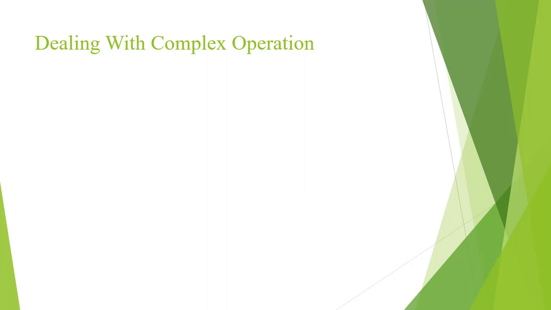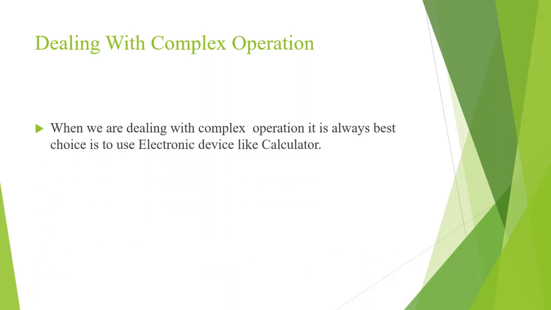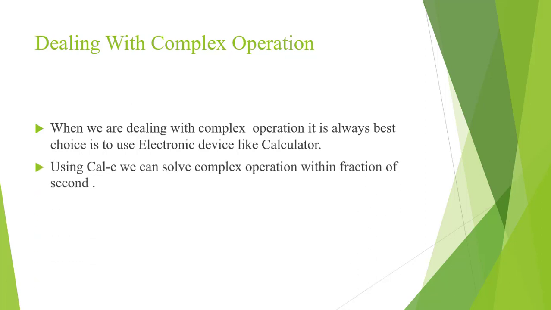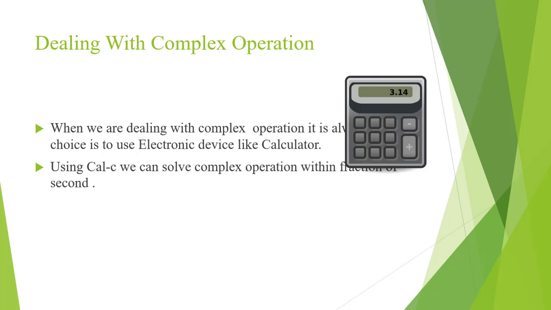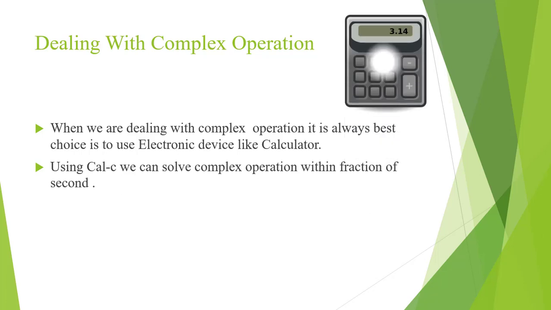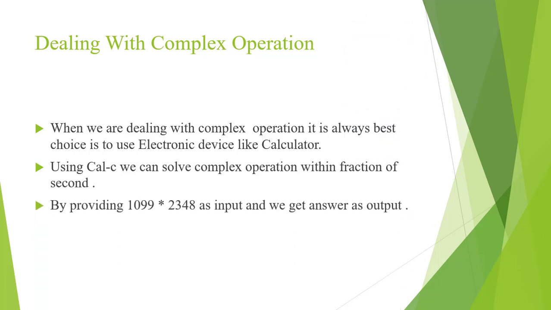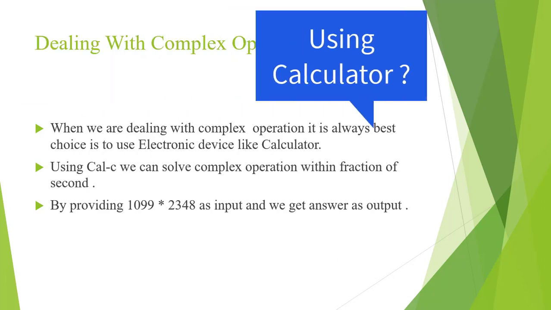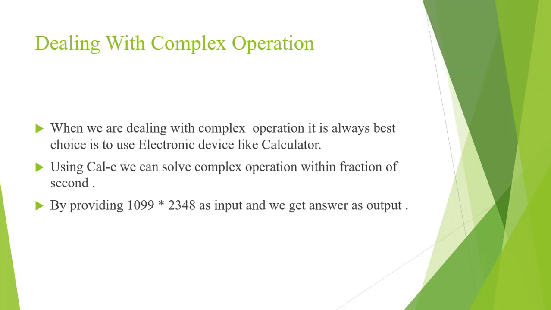When we are dealing with complex operations, it is always the best choice to use an electronic device, like a calculator. Using a calculator, we can solve complex operations within a fraction of a second, like a single part of a second. You can see the calculator and it's gone. By providing the values as input, we get the answer as output.